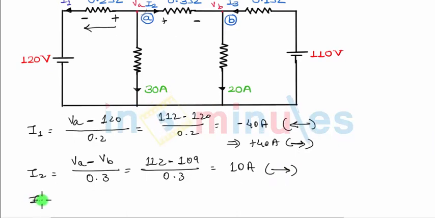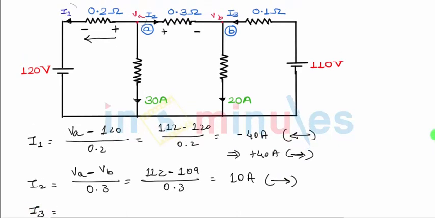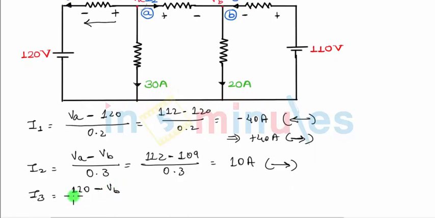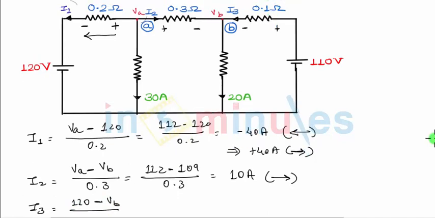And finally, let us write down I3. I3 is flowing towards left, so the current flowing towards left will have the polarities of voltage across the resistance as minus and plus. On the positive polarity side, you have voltage 110, and on the negative polarity side, you have node voltage VB. So it's 110 minus VB divided by the resistance, which is 0.1 ohm.